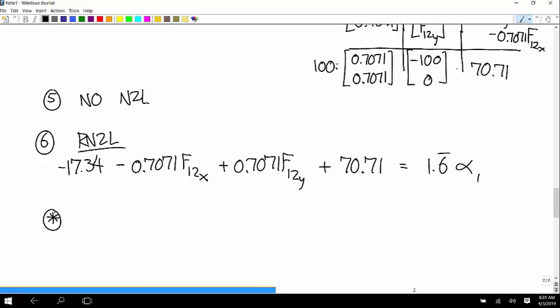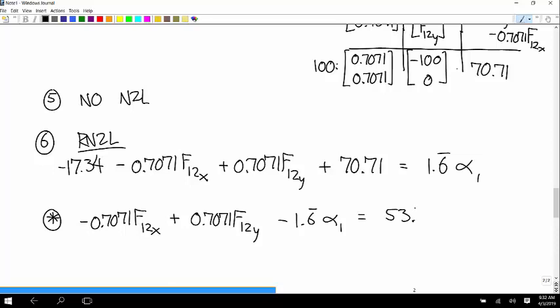I'm going to move all the constants over to the right side. So we have negative 0.7071 F12X plus 0.7071 F12Y minus 1.6 repeating alpha 1 is equal to, what's 70.71 minus 17.34? 53.37 negative.